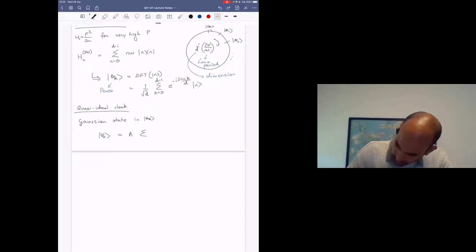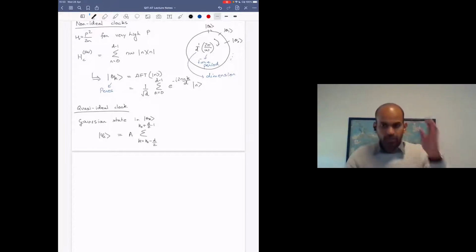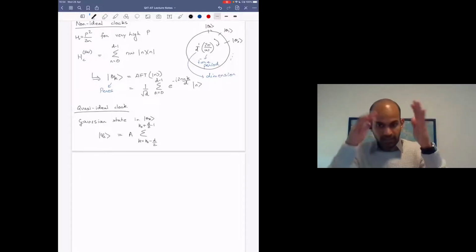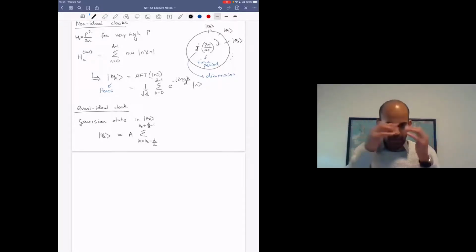sorry. So you pick, let's say, k equal to k naught minus d over 2 to k naught plus d over 2 minus 1. So I pick a particular integer k naught that my state is centered around. And now my range of states is between k naught minus d over 2 to k naught plus d over 2 minus 1.